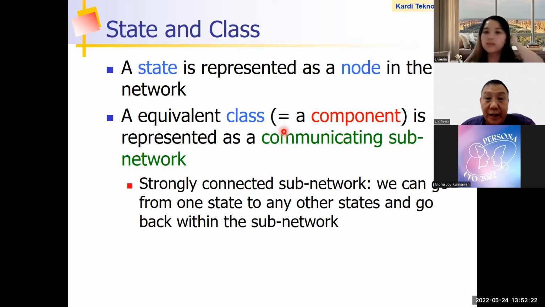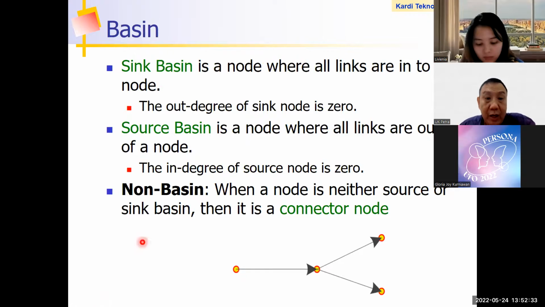And the state is represented as a node in the network, and the equivalent class or component is just the subnetwork. Now, basins: there are two kinds. One is called a sink basin, the other is a source basin. The non-basin is called a connector node. How do you know it's a sink basin?